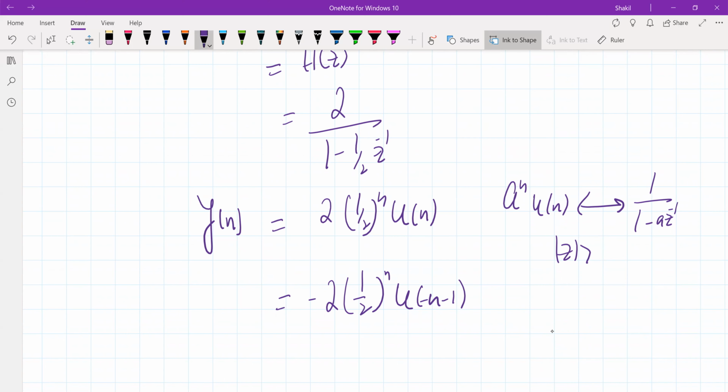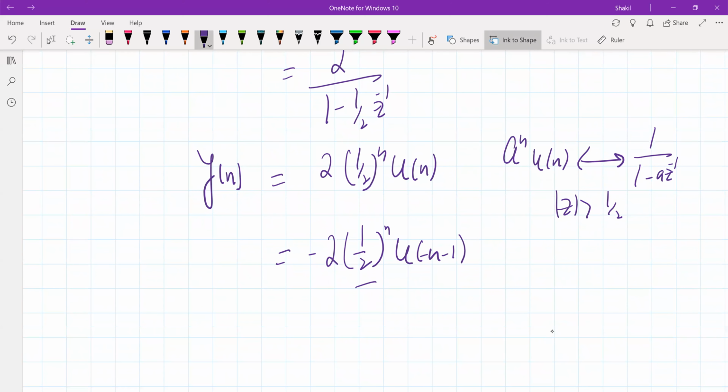Instead of a, you have 1/2 here. The z transform of this is equal to 1 by 1 minus a z inverse.